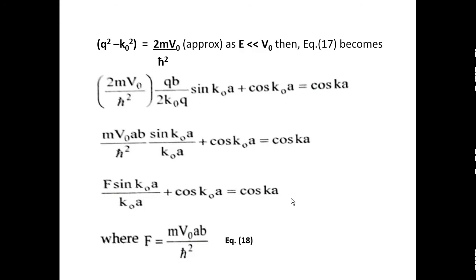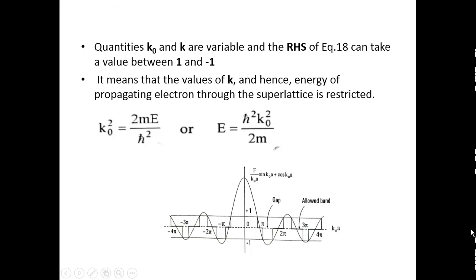The cosine function can take a value between -1 and +1, isn't it? Cos 180 is equal to -1, cos 0 is equal to +1. So the left hand side is equal to cos ka, so it has got a value between -1 and 1, that is shown here.